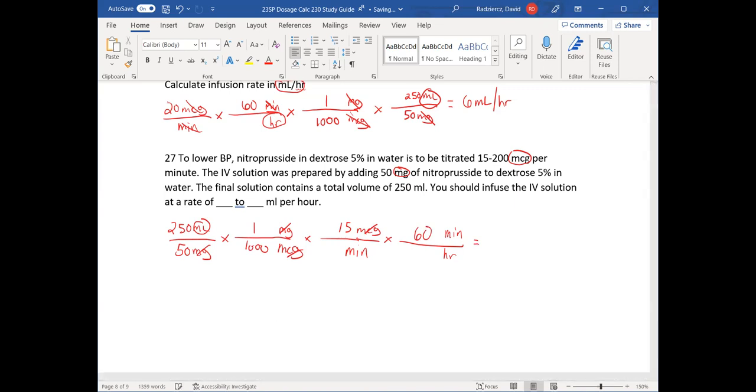And so that's how I would set that up. If I were starting with milliliters, then just plug it into my calculator: 250 times 15 times 60 divided by 50 divided by 1,000. And then I'll get the same answer I had previously written, the 4.5 milliliters per hour.